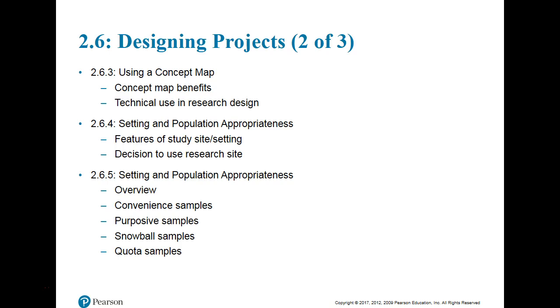Also, you want to look at setting and your population appropriateness. The features of the study site and setting: you want to choose a place that's reasonable in size, not too complex. Entry or access should be possible, so you don't want some place that you might have to have a code or a pass to get into.